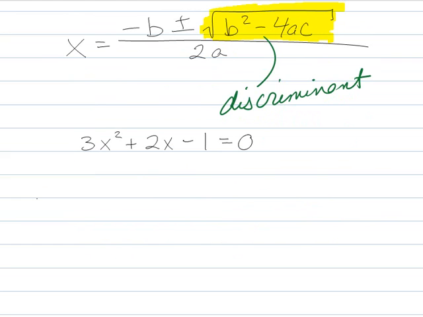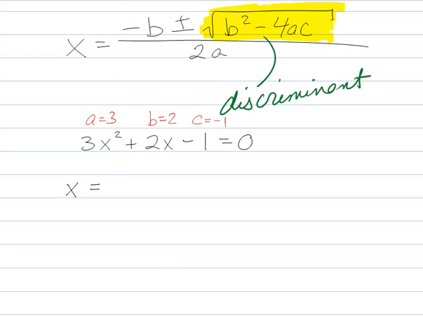If I was going to solve this, I would literally plug in everything for A, B, and C. So this would be A, this would be B, and this would be C. So A would equal 3, B would equal 2, and C would equal negative 1, right, because it's a minus.